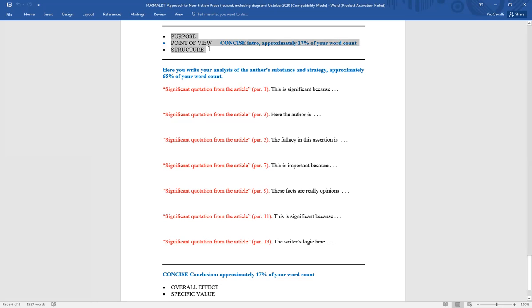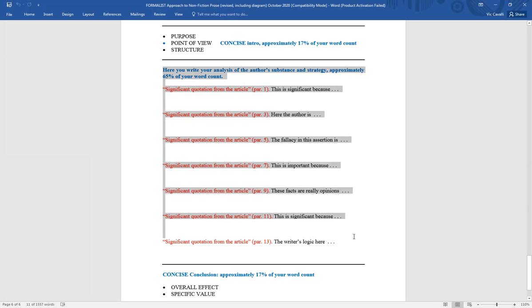They should be a very small section of your page of notes, just like you see here visually on the screen. You're also allowed to prepare the significant quotations you want to use in your in-class essay, and you're allowed to have point form notes regarding the significance or the critical thinking you want to apply to those particular quotations. And a very concise, small number of notes at the bottom here regarding overall effect and specific value.